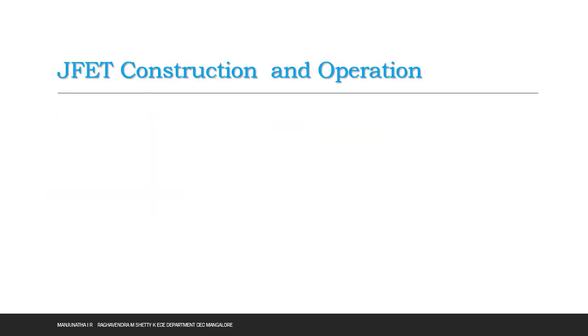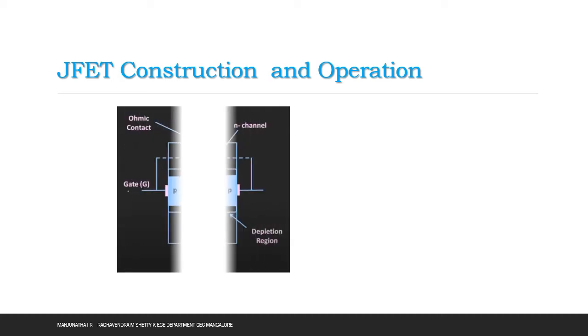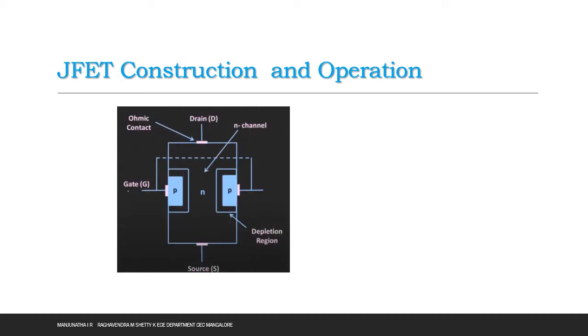Next, I am going to cover JFET construction and operation. By observing the structure, we can say that it's an N-channel JFET because the N channel is present between the two small p regions.